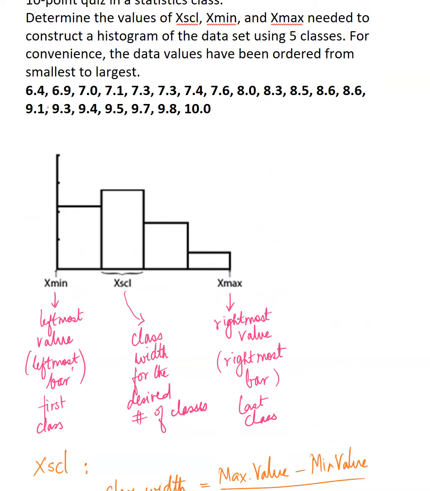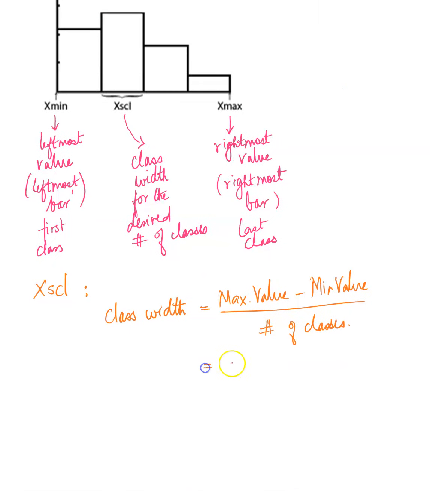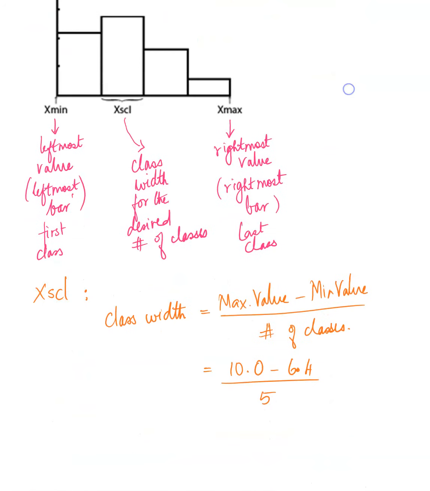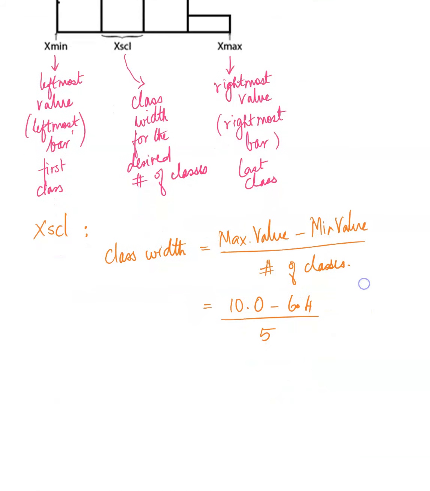So you know the maximum value is 10 and the minimum value is 6.4. Divided by the number of classes, 5, because that's specified in the problem. Okay, 5 classes. And that comes out to be 0.72.